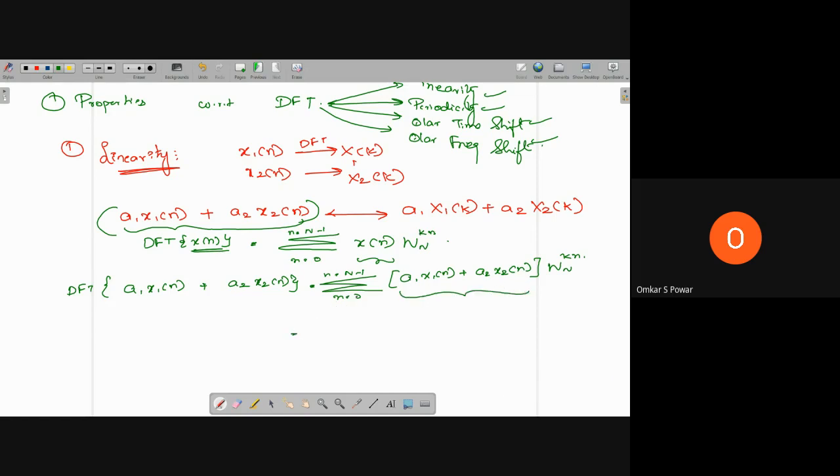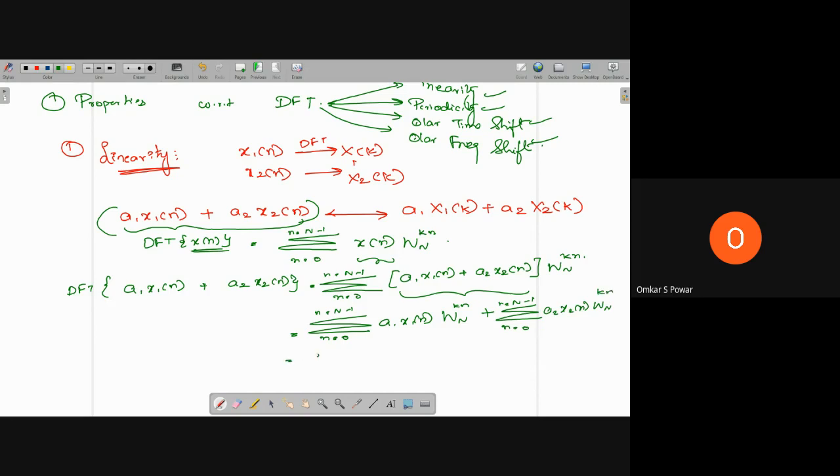Now take this individually. Okay. Summation n varies from 0 to n minus 1 a1 x1 of n into omega n of kn. Similarly, you have to expand it. n varies from 0 to n minus 1 a2 x2 of n into omega n of kn.